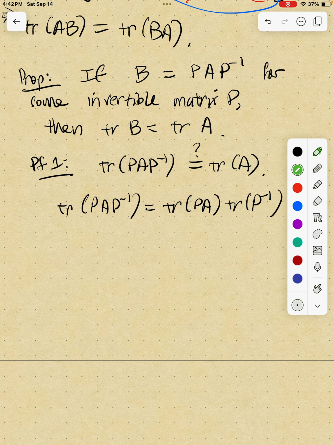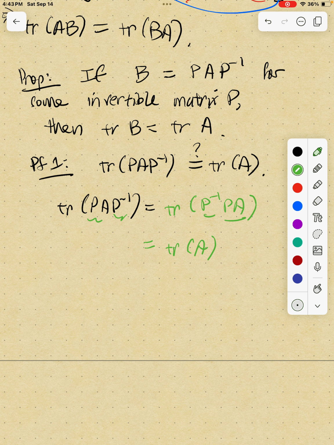We take this to be one matrix and that to be our other matrix, and it's, oh no, sorry, this is not what I want to do. We're applying the theorem, and the theorem says that you can switch the order, so it's the trace of P inverse PA. There we go. Because we're just switching the order of these two matrices. And then P inverse times P is just obviously the identity, and then the identity times A is the trace of A. So it's the trace of A. There we go. That's the proof.